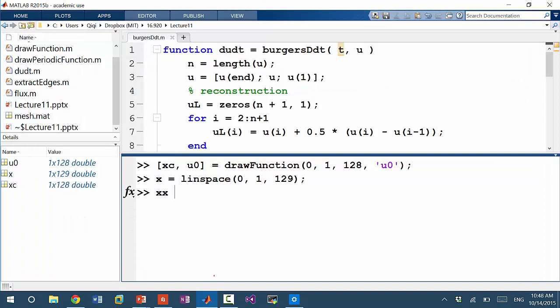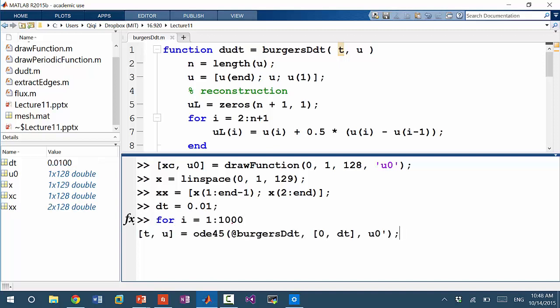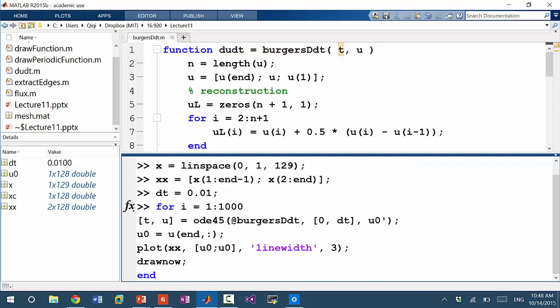I still need to construct my x-axis. And dt again 0.01. I'm going to do the for loop. I think I have everything now. I also put line width equal to 3, and let me make it black so it's more visible.